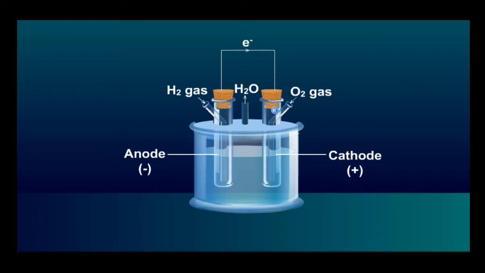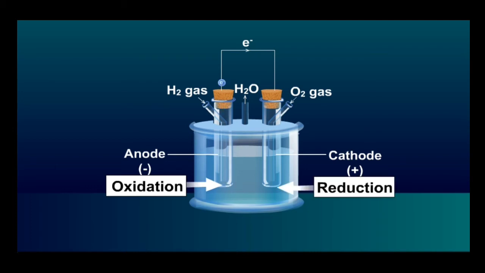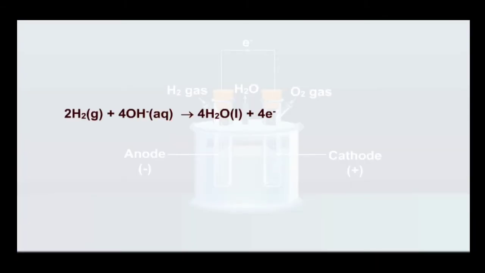3. Net cell reaction. The overall cell reaction is the sum of oxidation at the anode and reduction at the cathode. Thus, 2H2(g) + 4OH⁻(aq) → 4H2O(l) + 4e⁻, anodic oxidation.